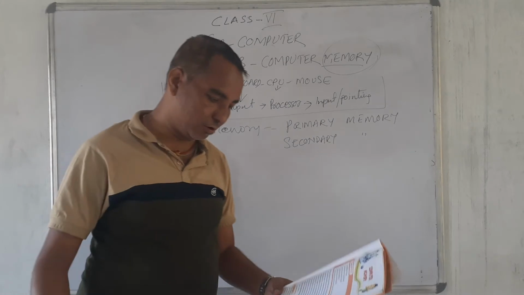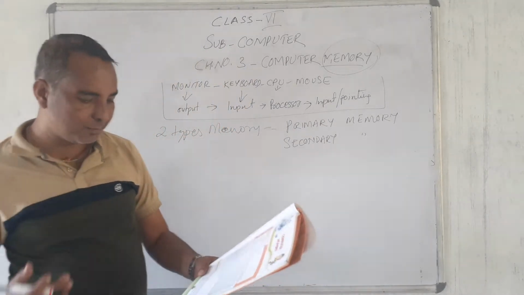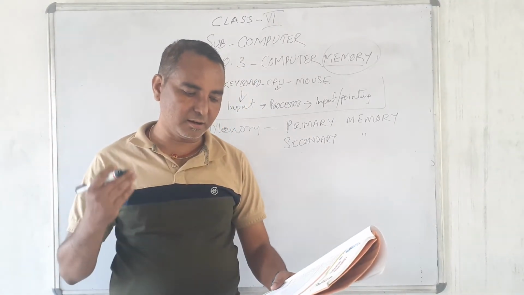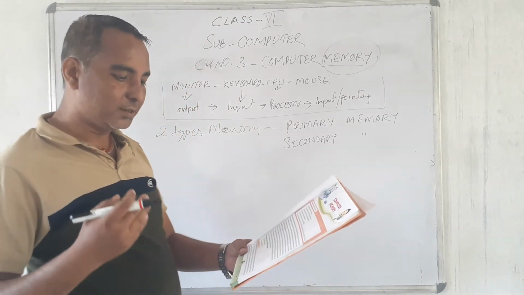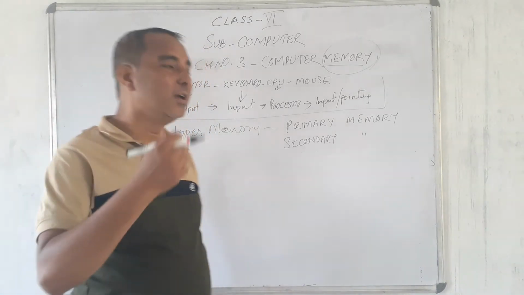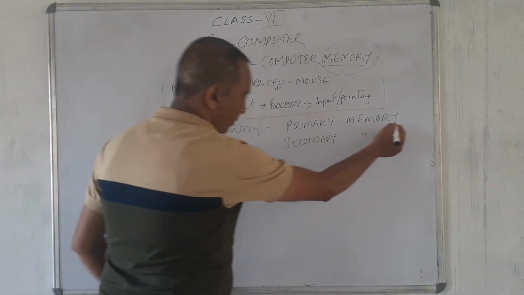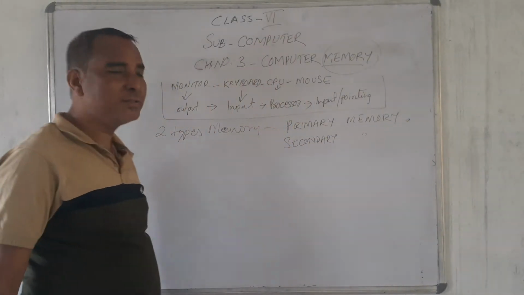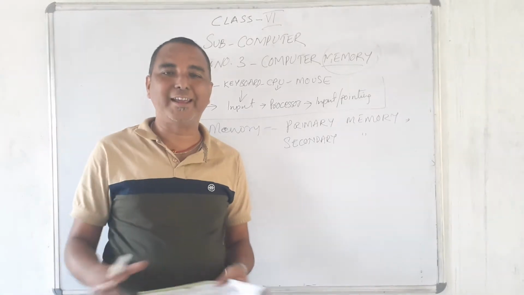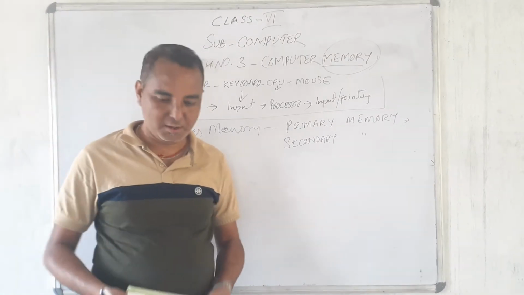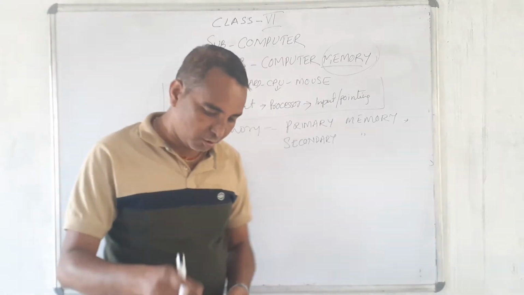What is primary memory? Let us just go to the book. Primary memory is just like a table or desk where we temporarily open books or copies, etc. What does it mean? The primary memory is a type of our desk. When we come to our classroom, we keep our books and copies and we write.